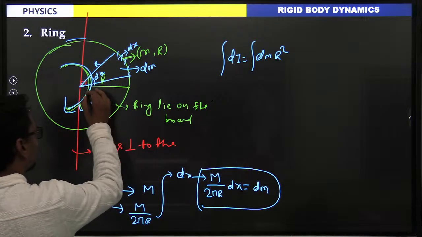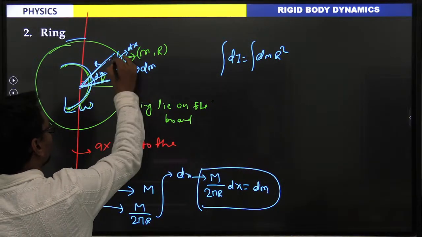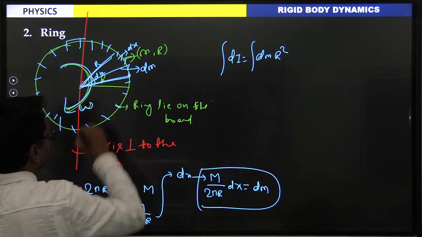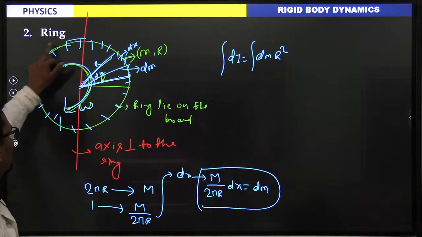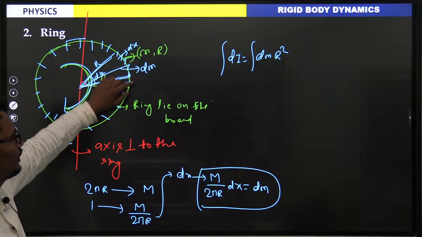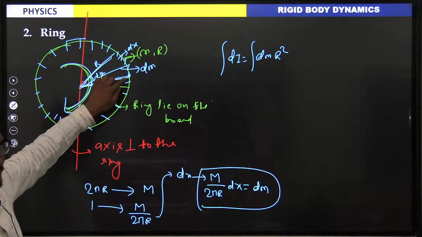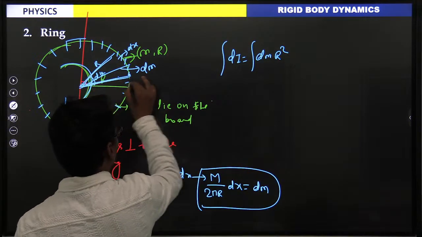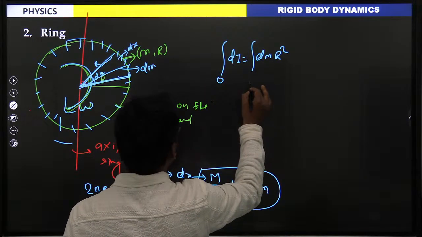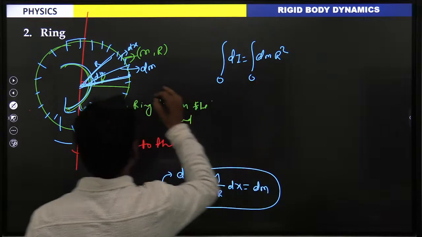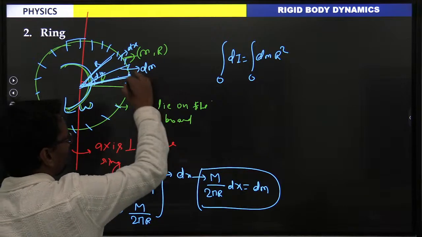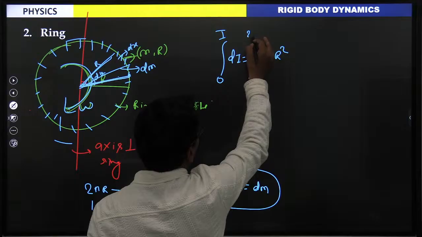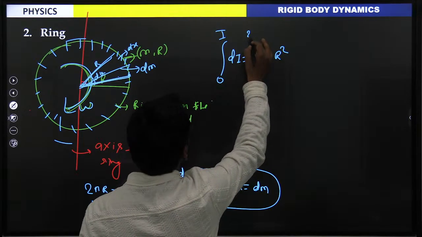Now if we start cutting the ring from here and move one complete round of 360 degrees, cutting the ring into small parts, then at the start the angle is 0, but as we continuously move, the complete moment of inertia will be I, and the angle is 2 pi.